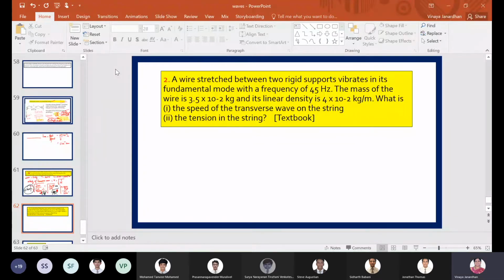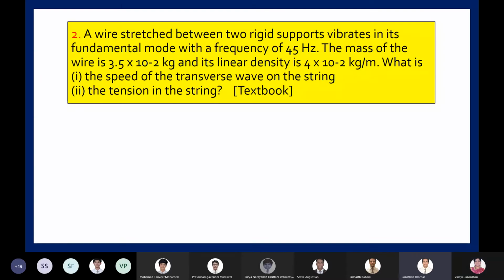So how will I go for mass per unit length? So do we have to find the length first and then substitute that in the equation of frequency to get the velocity? Get me the formula.